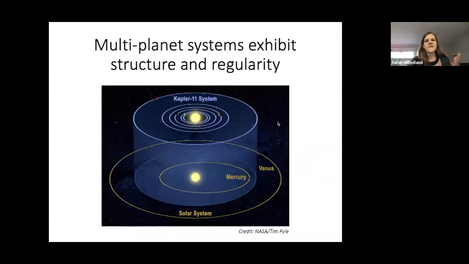These systems of multiple transiting planets exhibit a lot of really interesting structure and regularity. One of the quintessential examples of such systems is Kepler-11, which hosts at least 6 planets, and it was discovered back in 2011. This system is really compact, circular, and flat. The planets are all somewhere in the super-Earth to sub-Neptune regime.